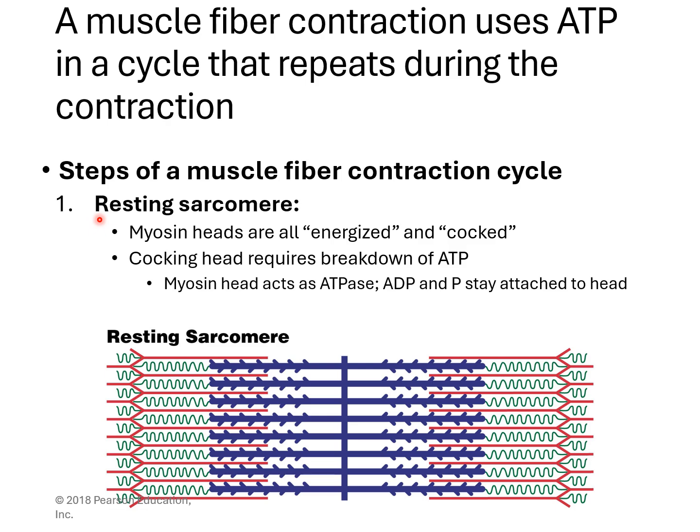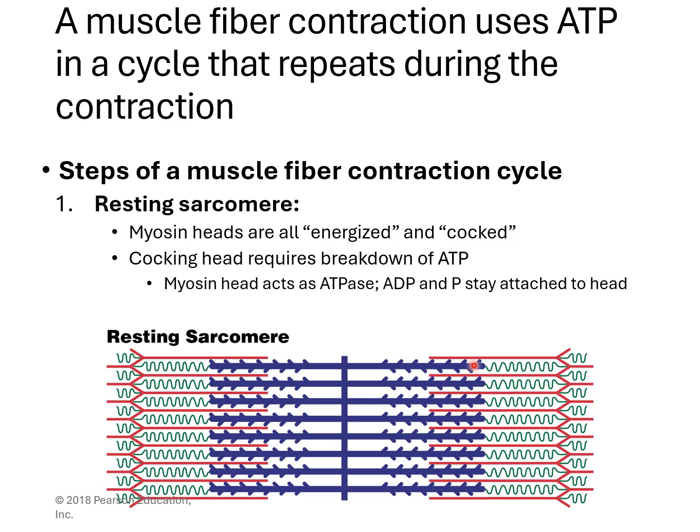So first we need to start at a resting sarcomere. A sarcomere is Z disc to Z disc. So the zigzagging, that's going to be from here to here. There's your resting sarcomere. The myosin heads are all energized and ready to go. The cocking of the head requires ATP. So as long as you have ATP available, and if your cells are living, you're going to have ATP available, they're going to be ready to go.